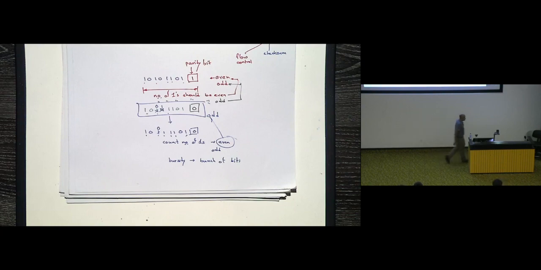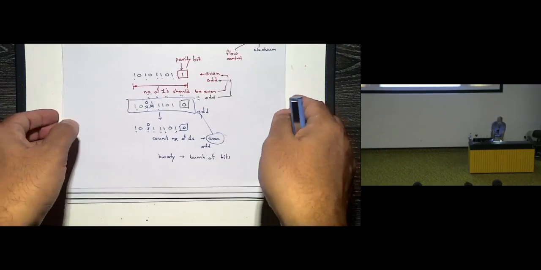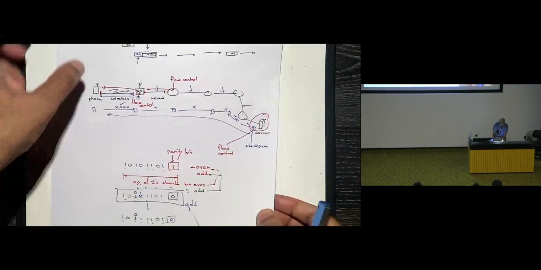And the other reason I wanted to show you is that this allows me to construct an error correction code. So how can I correct an error? In the previous example, when I counted and the number of ones came out even, I knew that there was an error.